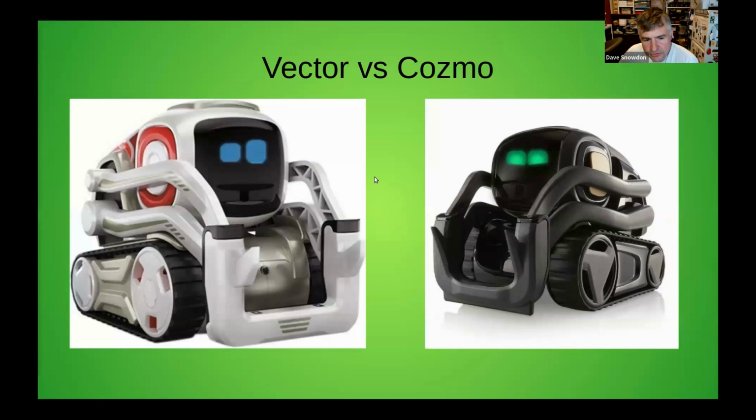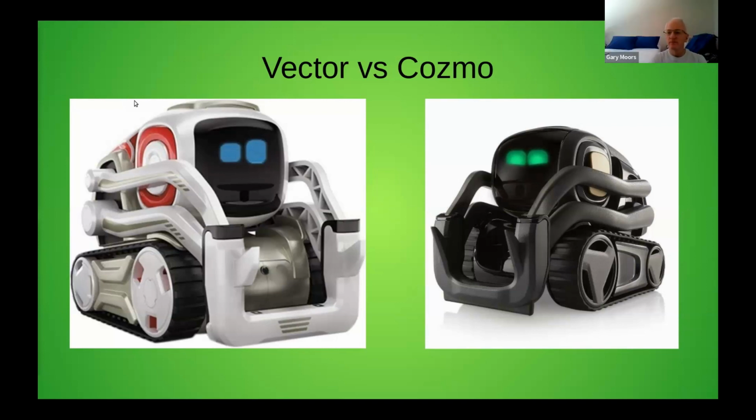He looks very similar to another robot by the same manufacturer, called Cozmo. So you might be wondering, what is the difference between Vector and Cozmo? Cozmo is an older robot, and it's basically controlled entirely by a smartphone. If you have your phone, you can program Cozmo and get him to do stuff, but he won't run if there's not a phone around.